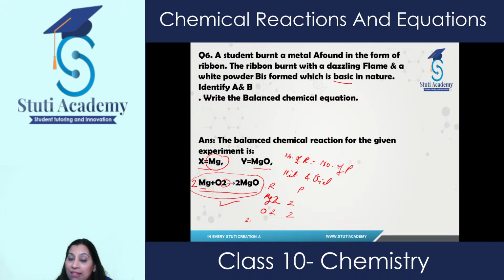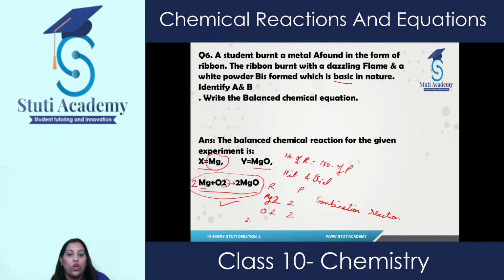Yes, it's again an example of a combination reaction. Because here again 2 reactants combine together to form one product. So it's an example of combination reaction. Now let's see. There are 3 questions in one.